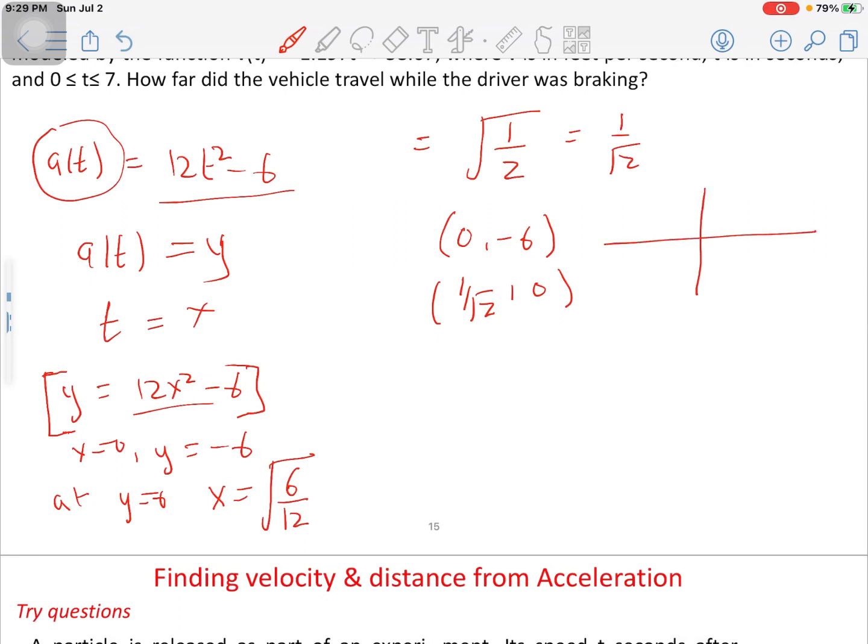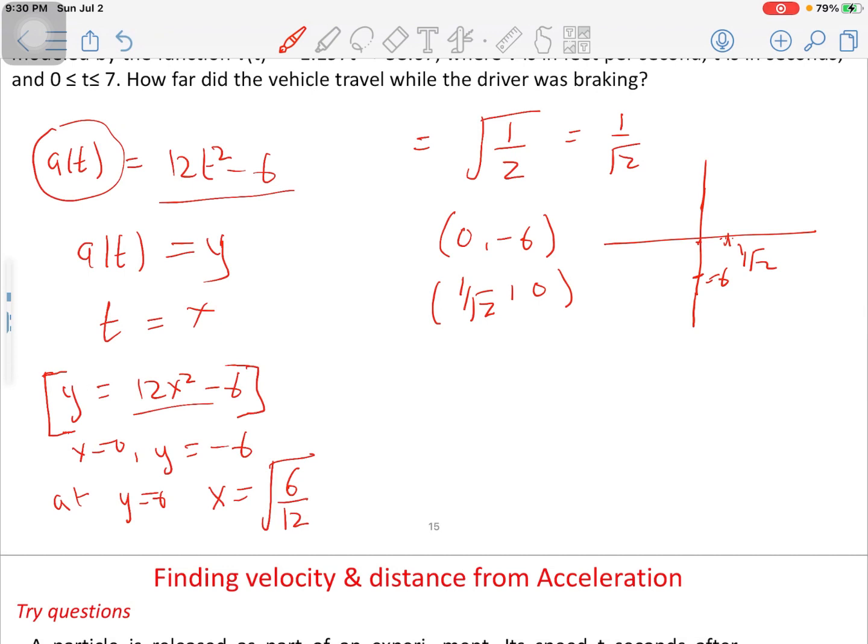And therefore, if you have a graph like this, at x equal to 0, y is negative 6, you have it here. And then you are going to have an x value also here. Let's say here to be the 1 over root 2.